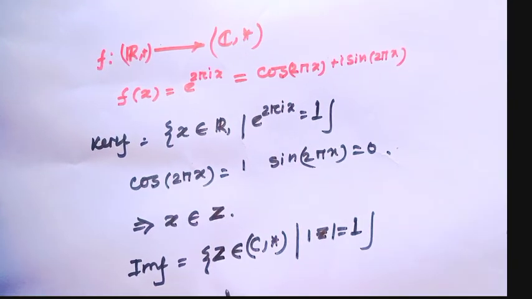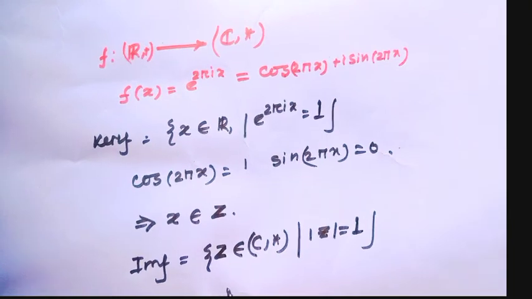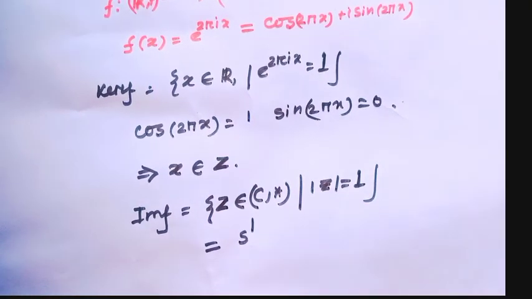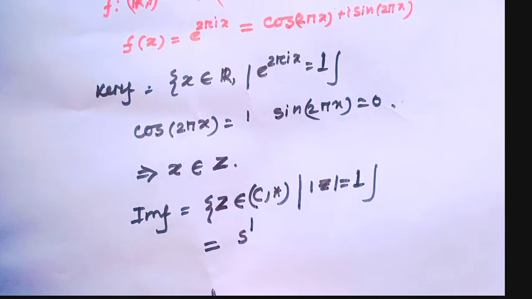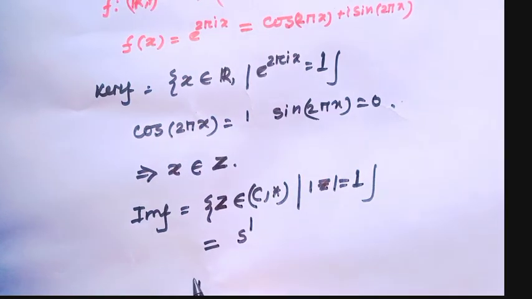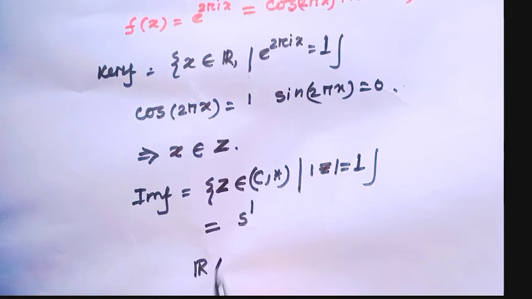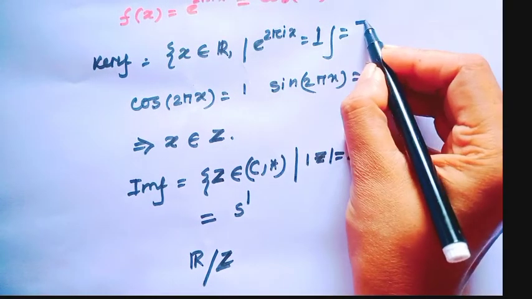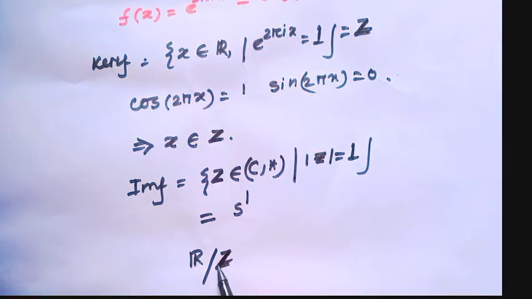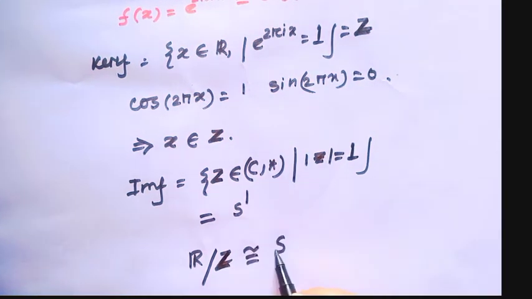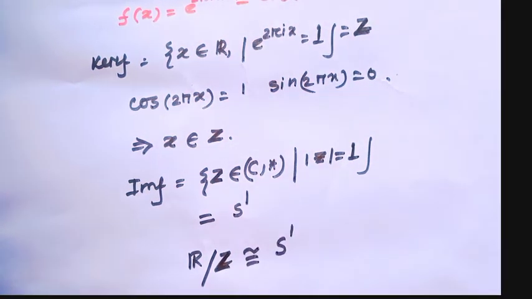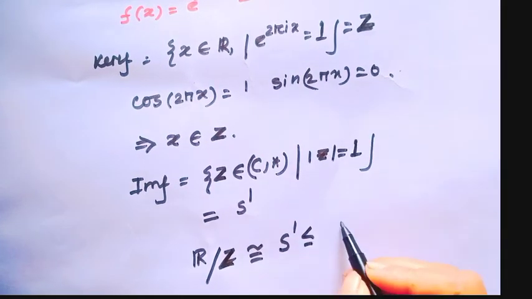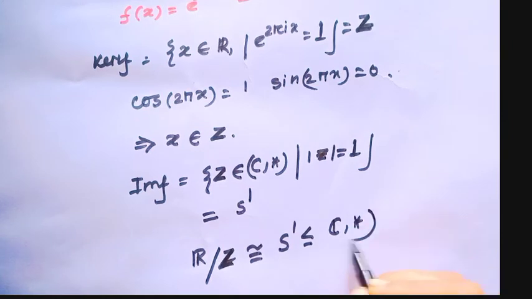And this image is always denoted as S1. So by the first isomorphism theorem we can tell R mod Z, because here the kernel of f equals the whole of Z, is isomorphic to S1, meaning the unit circle. Okay, and this is a subgroup of the complex numbers under multiplication.